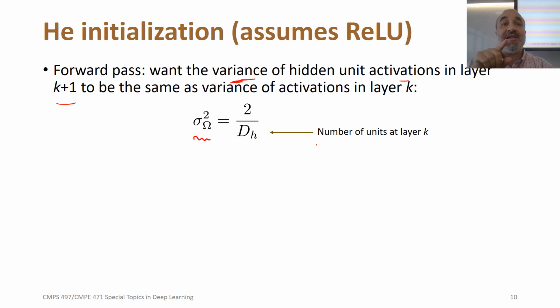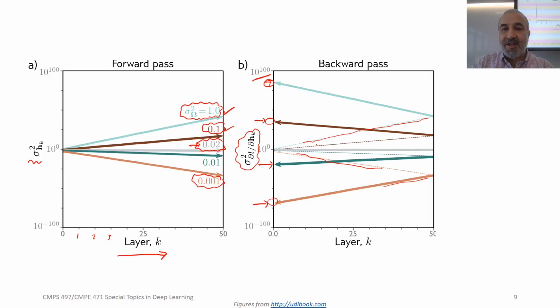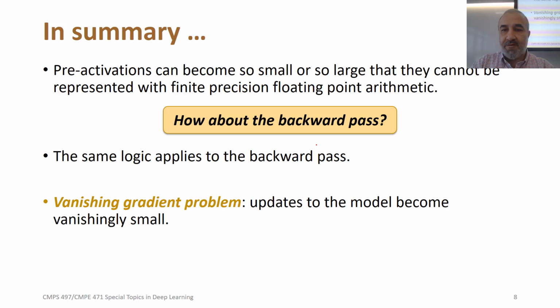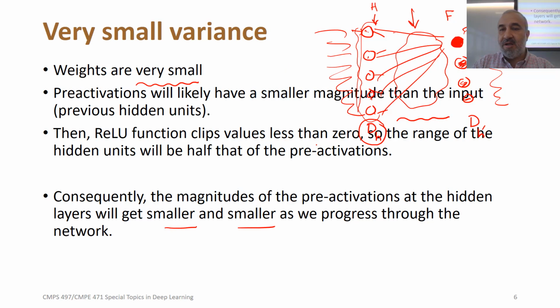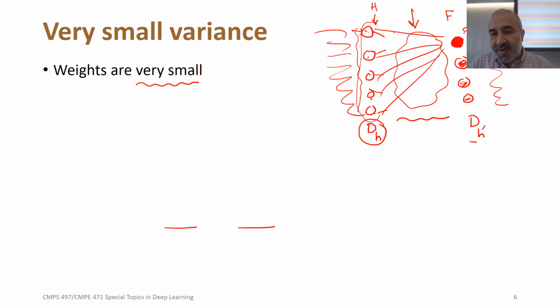Right. This is in the forward pass. But in the backward pass, there is the same thing, the opposite, right? If we get back here, it's the number of units in the next layer that will affect the derivatives. So what should we do? We divide by that number and also multiply by 2.